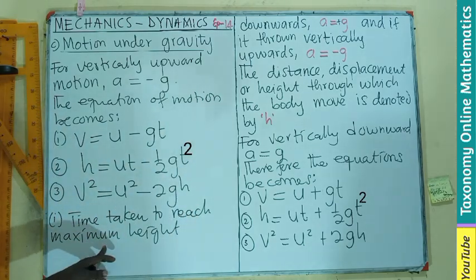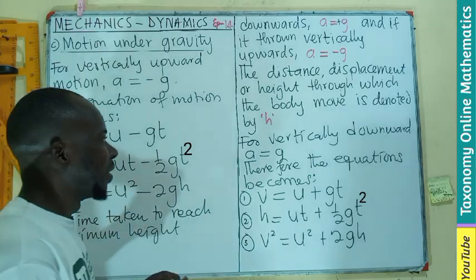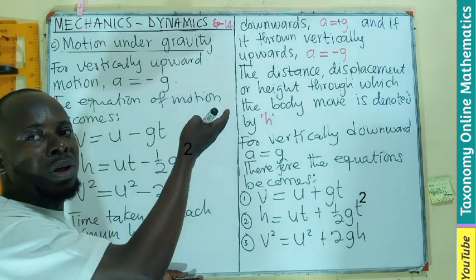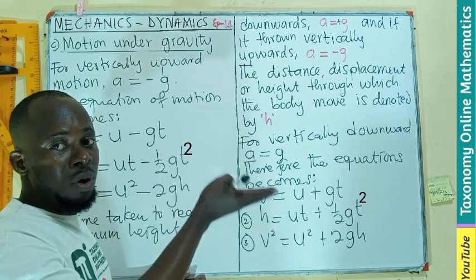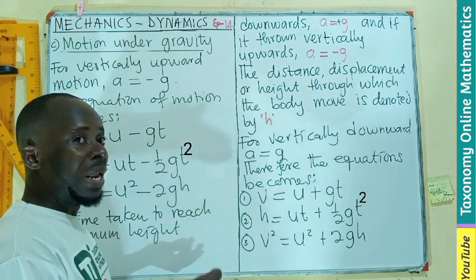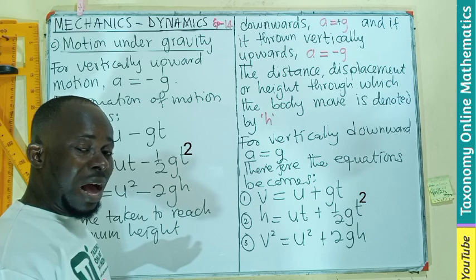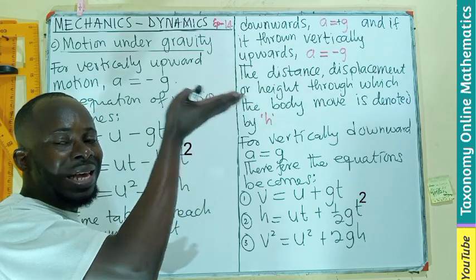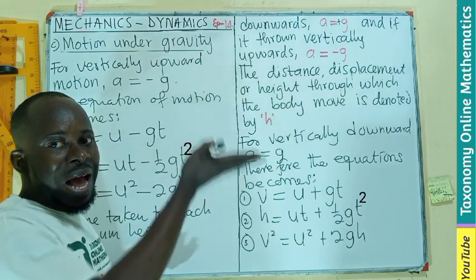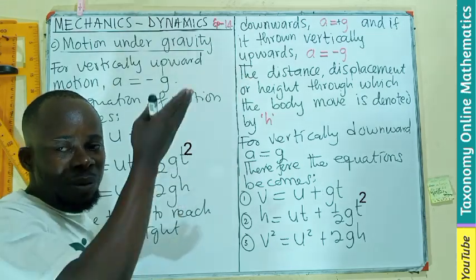I'm looking for the time taken to reach the maximum height. So when the body is thrown up, before it gets to the maximum height and begins to fall down, there is a velocity propelling the body up. So we have an initial velocity propelling that body up. Then when it gets to the maximum height, it stops before it begins to fall. At the stoppage, the velocity becomes zero.